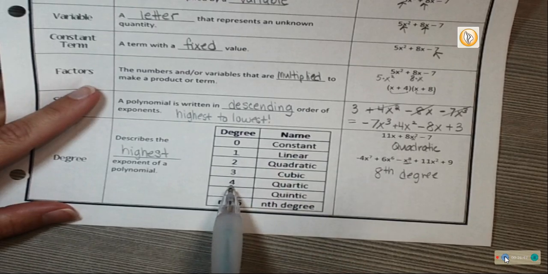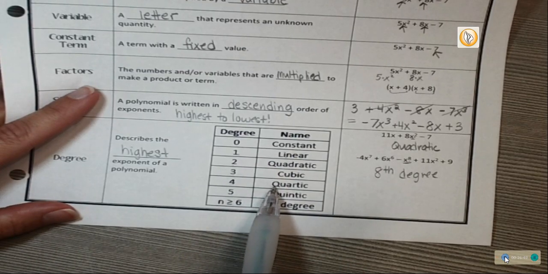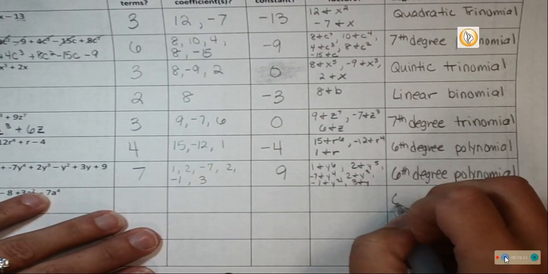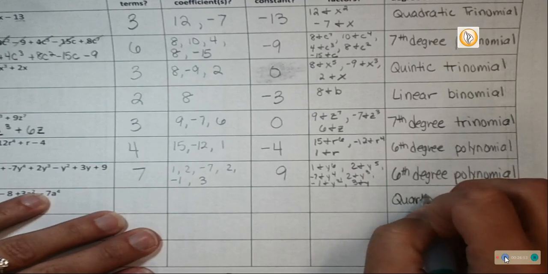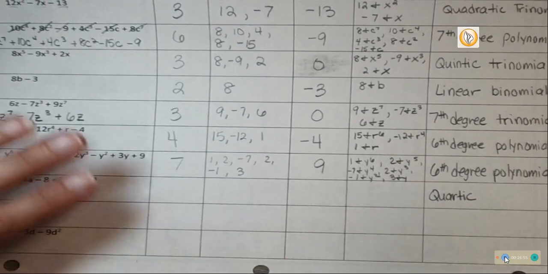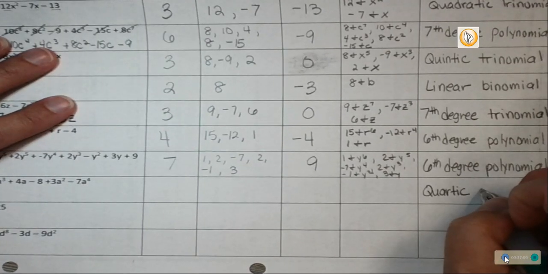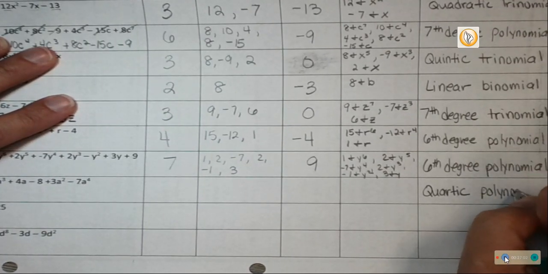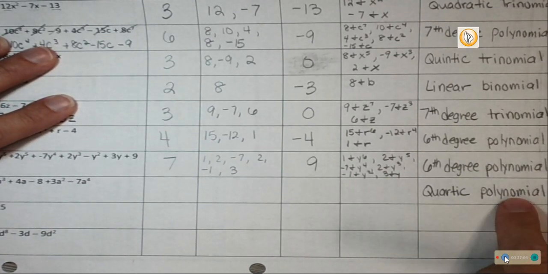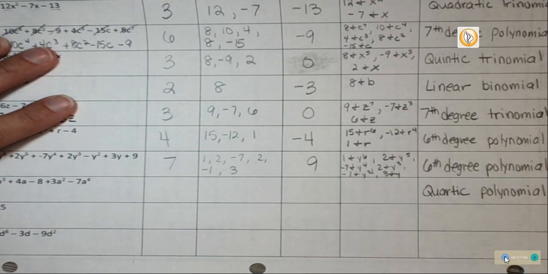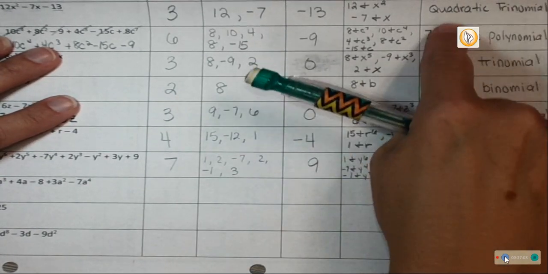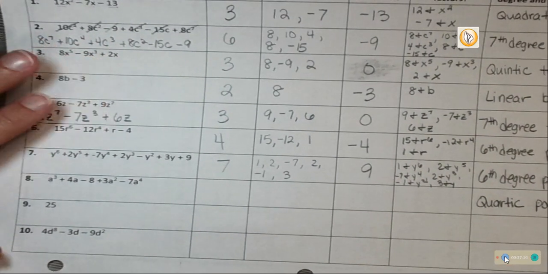So the degree is 4, that is quartic. Okay, so I've got a quartic. The term is based on how many terms I have. I have 1, 2, 3, 4, 5. So what do we call that? Polynomial. The nomial, whatever that is, is by term. The other thing in the front is by the degree.